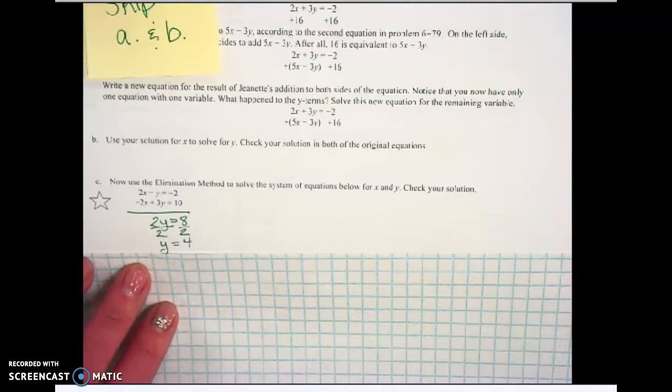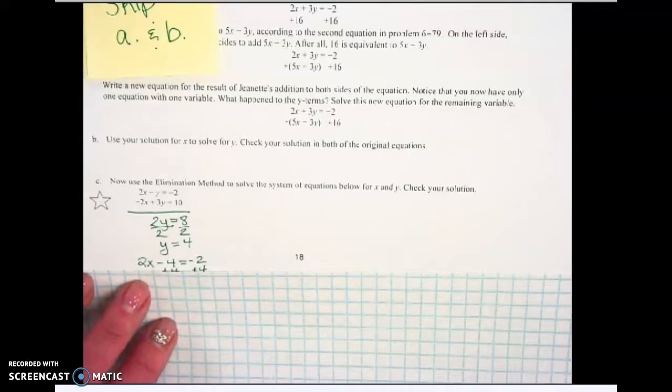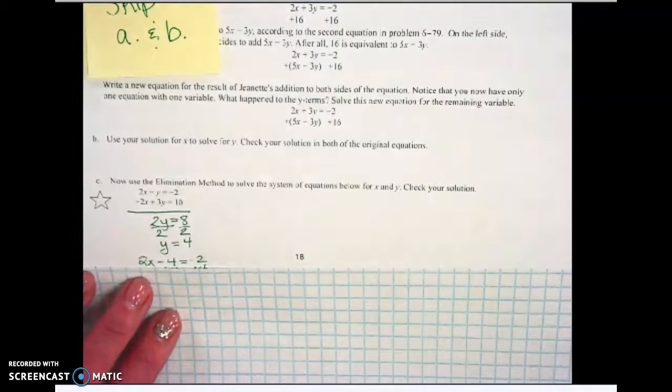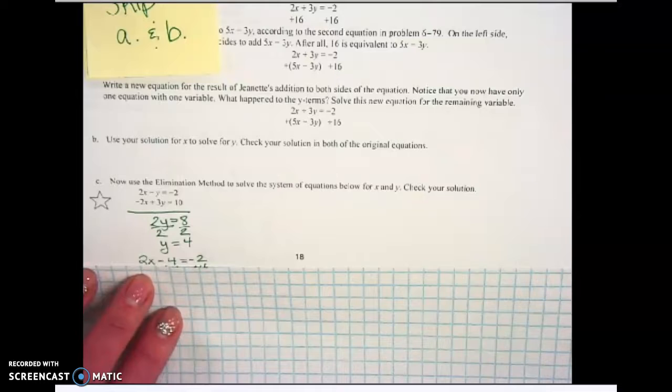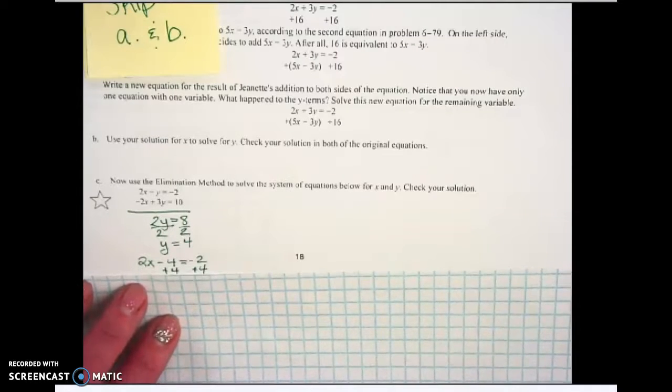Okay? Now we're going to take that 4, and we're going to plug it back into either of these first two equations. Looks like I picked the first one. Okay, so I'm going to say 2x minus 4, plugging in that 4 instead of y, equals negative 2. Then I'm going to add 4 to both sides.